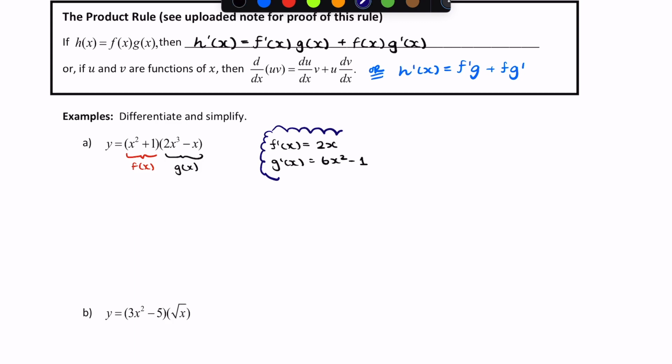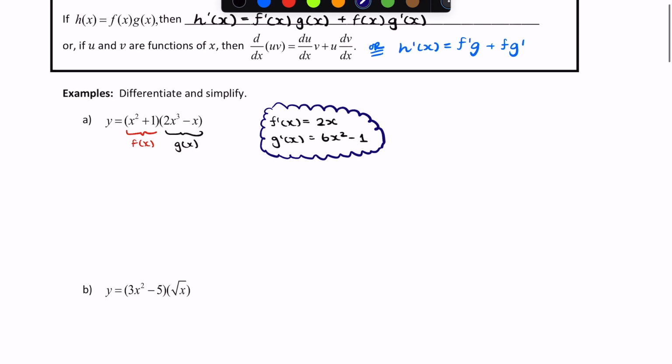So here we see that f prime of x is equal to 2x, and g prime of x is equal to 6x squared minus 1. So here, y prime is equal to, again, f prime of x, g of x, plus f of x times g prime of x.